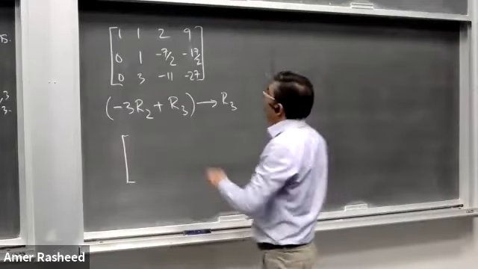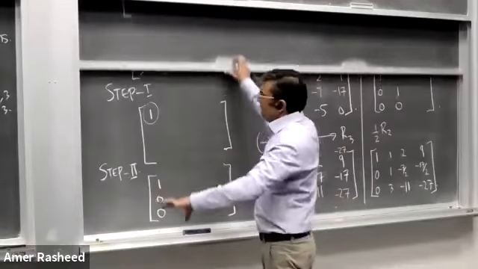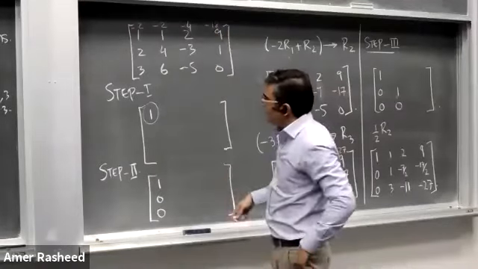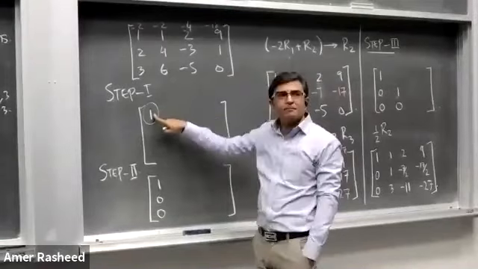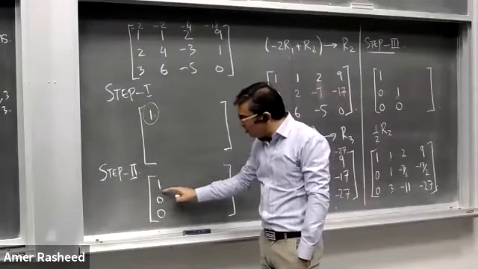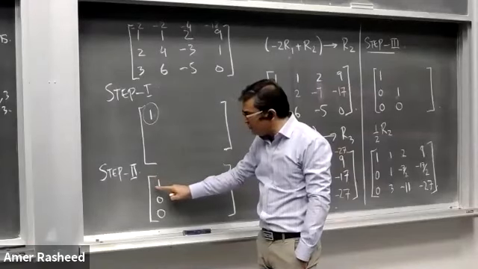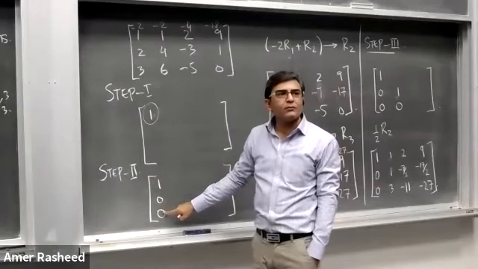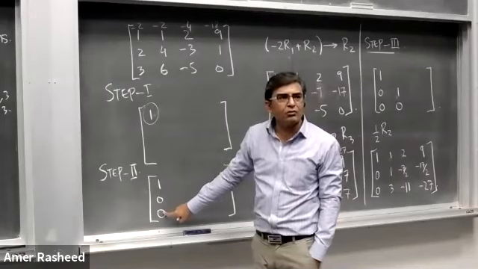Sir, how did you manage to think that it should be row 2 and 3? I'll tell you. Let me tell you this before applying that. Whenever you try to make 1 in a row and 0 below, you can only use this row in order to make those entries 0. Not any other row, okay?